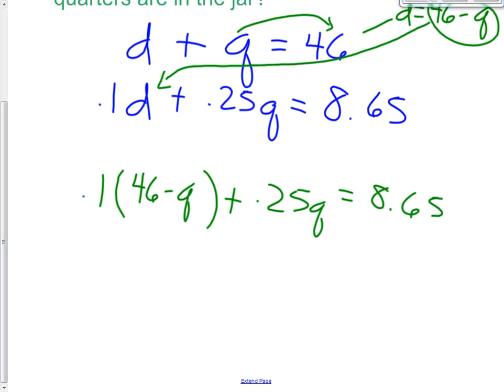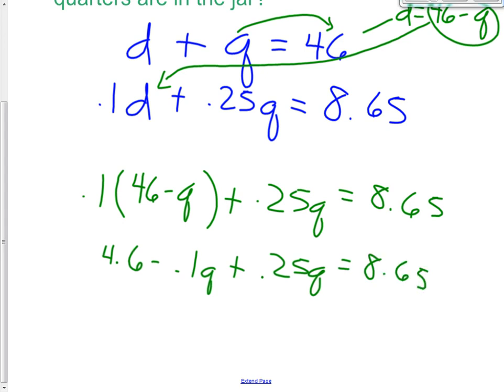Distributing that 0.1, we would get 4.6 minus 0.1 Q plus 0.25 Q equals 8.65. Let's see here. Let's combine our Q's together. So negative 0.1 Q plus 0.25 Q becomes 0.15 Q. 0.15 Q. Subtract 4.6 to get it over here, and you get 4.05.